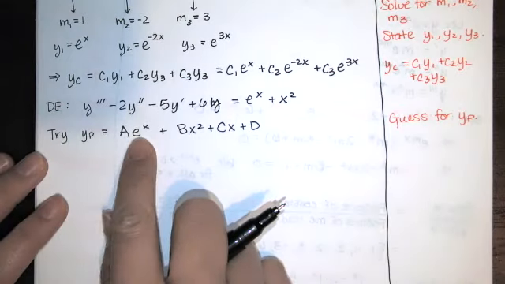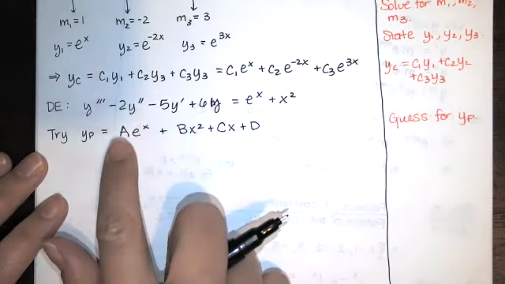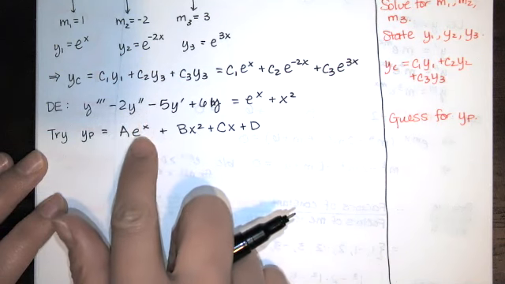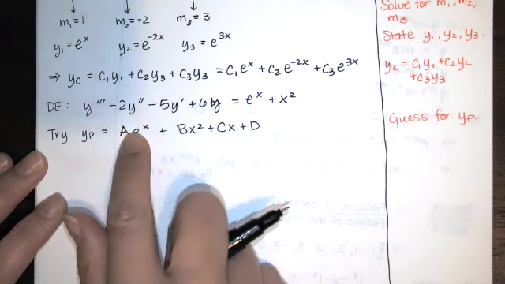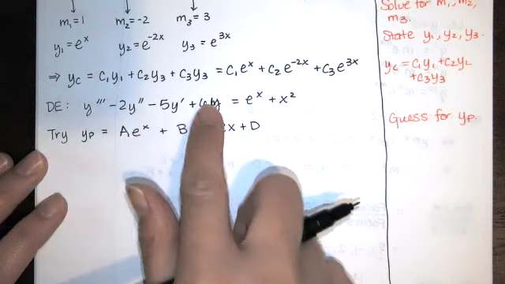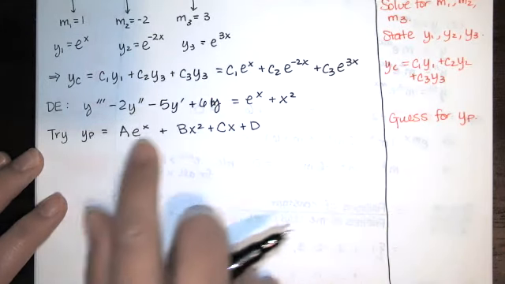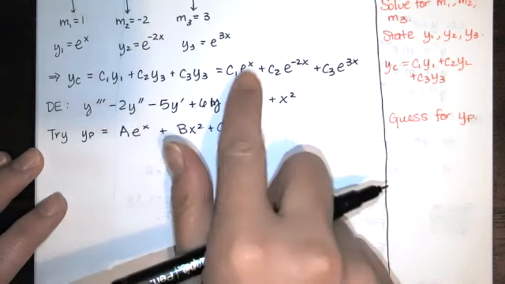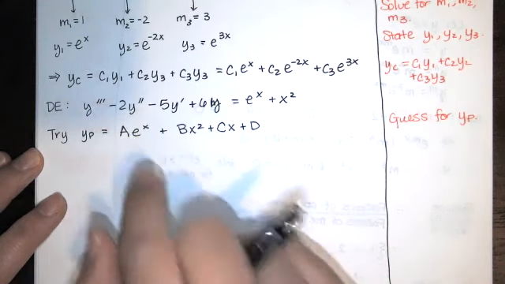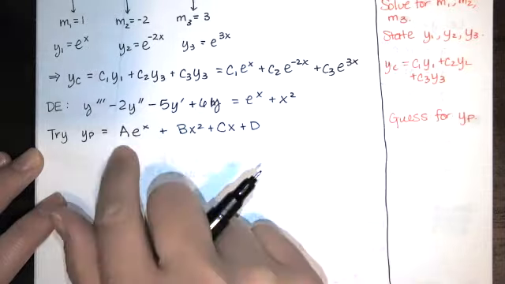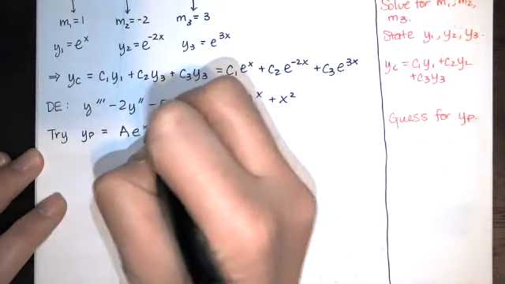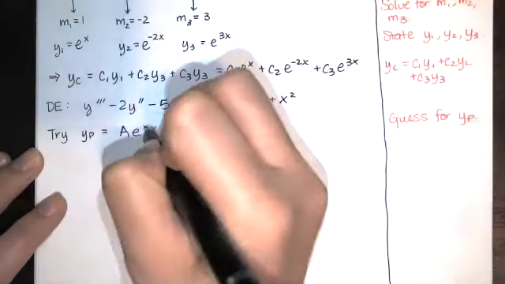But this constant times e to the x is actually right there. So I can't have a constant times e to the x as a y sub p here. If I substitute that in here, I'm going to get a 0. I'm not going to get a 1 e to the x, which is what I want. So since this is already up here, I'm going to modify this a little bit so that it's not up there. And the way we modify it is we multiply by an extra x.